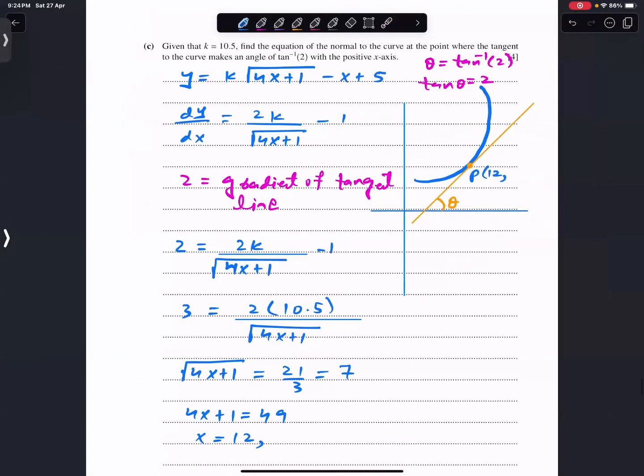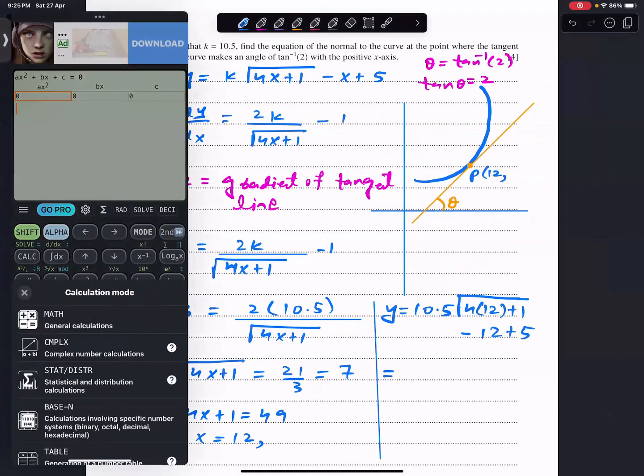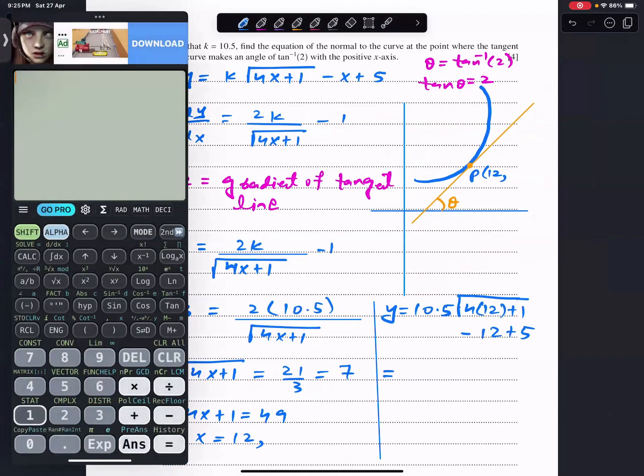So y is equal to 10.5 times root of 4 times 12 plus 1, minus 12 plus 5. That will be 10.5 times 7 because root 49 is 7, minus 12 plus 5. So 66.5.